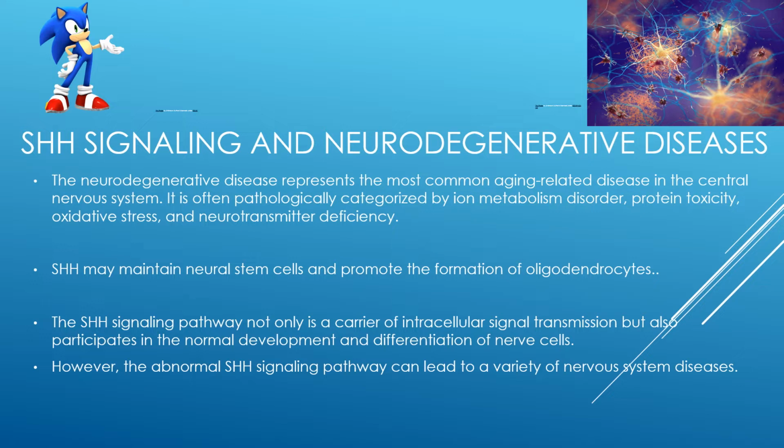Sonic the Hedgehog signaling maintains the neural stem cells and promotes the formation of oligodendrocytes, which are myelinating cells of the central nervous system. The signaling pathway is also involved in the development and differentiation of nerve cells. However, the abnormal Sonic the Hedgehog signaling pathway can lead to a variety of nervous system diseases that we will discuss.